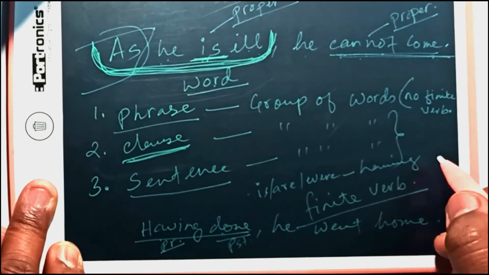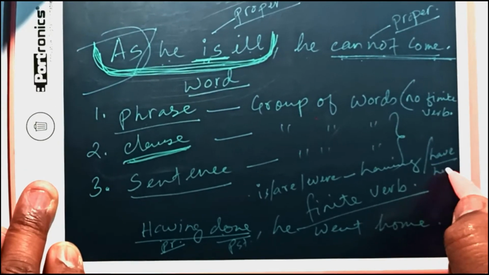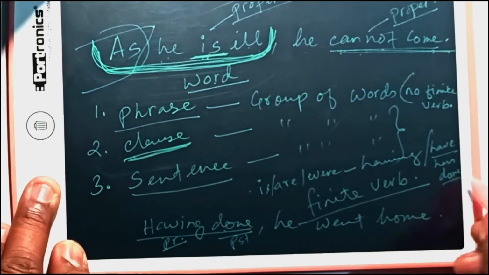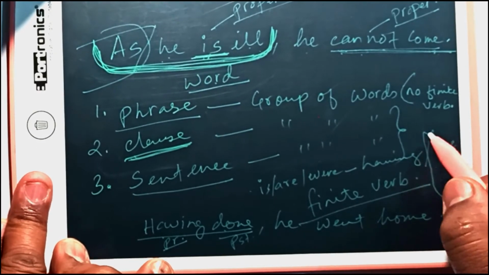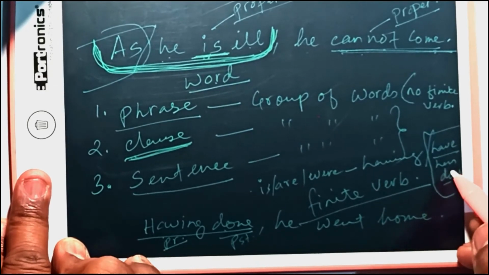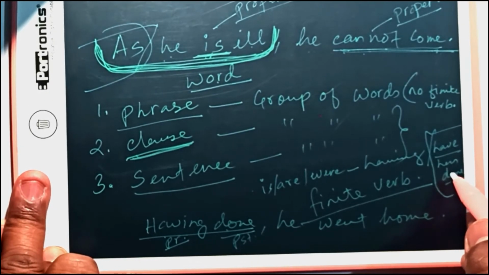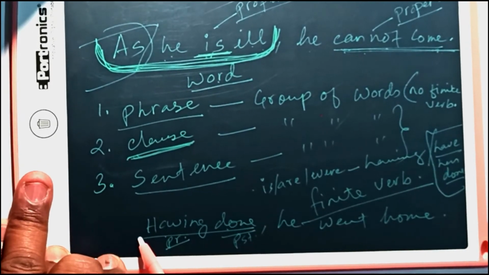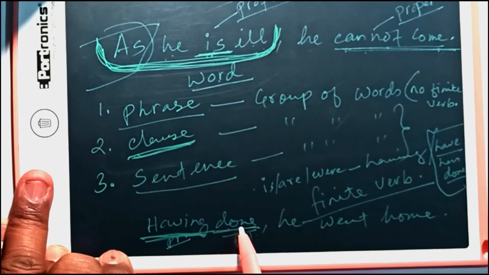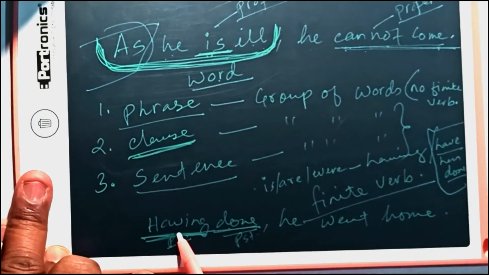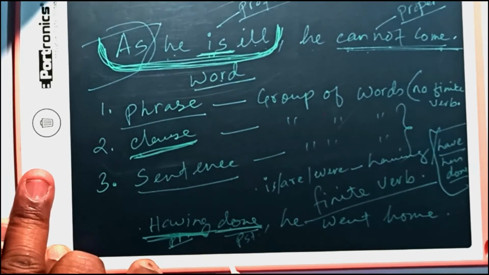Or this word will come with, suppose, have or has done, like this. So this combination, have done, has done, is our proper tense, because we work like this with tense. Now in this case, this doesn't come close to our tense. Both of these are non-finite verbs. This is a present participle where we don't have any auxiliary verb. This is a past participle where we don't have any auxiliary verb.